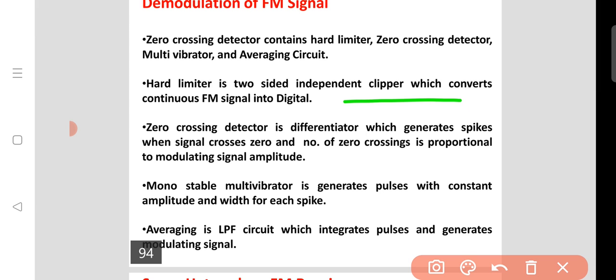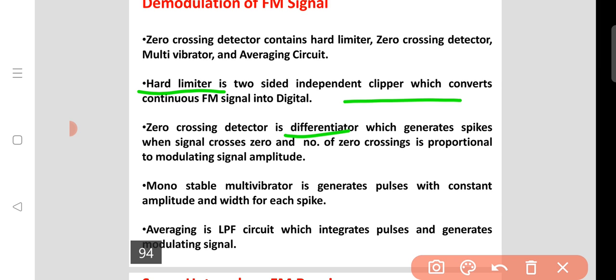Okay, next, the zero crossing detector is a differentiator which generates spikes when the output of the hard limiter is pulses, but this digital data varies.